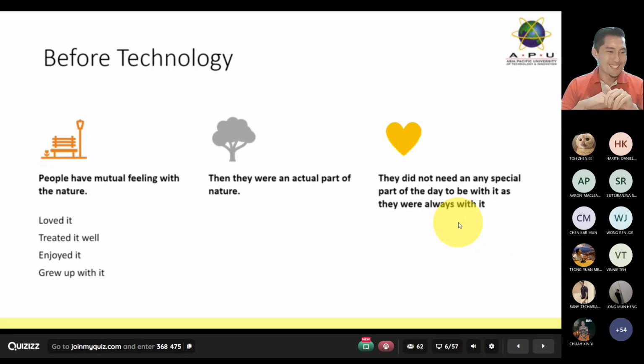It's as simple as it is a matter of choice in the beginning, and especially for our international students, there are so many countries that you could have chosen to go to in order to do your degree. And when you choose Malaysia, and a lot of other private universities are available there, and yet you choose APU, and then you come here and say, I don't agree with the dress code.